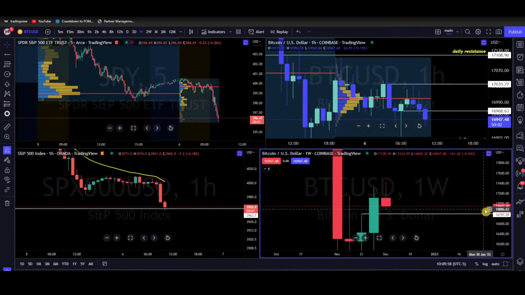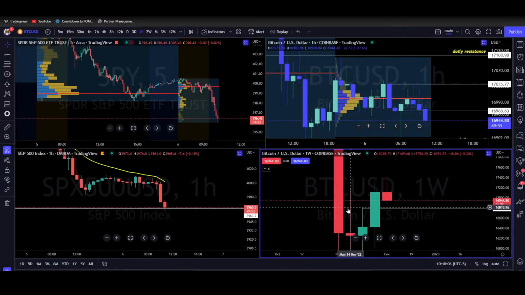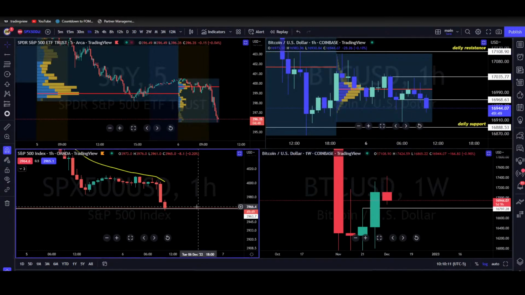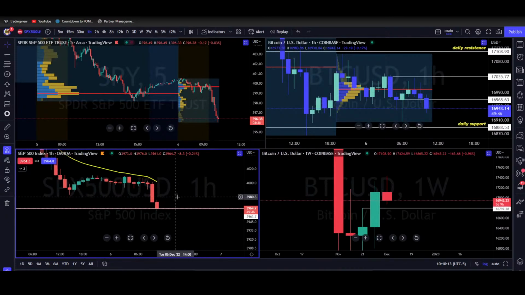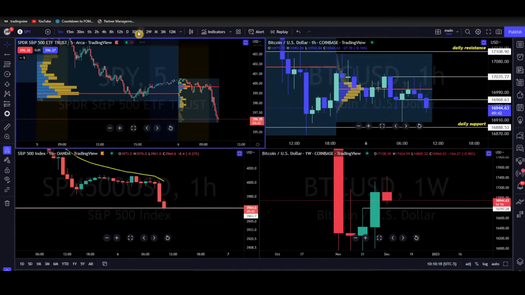But typically wicks for us are targets. They're not areas that we look to enter trades, but that's the only objective price point that you got. So we shall see here what happens today.